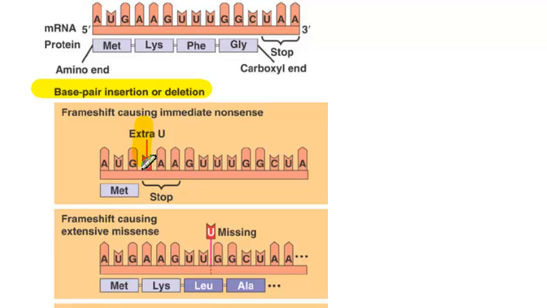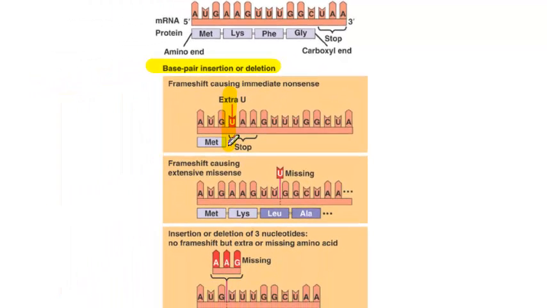So in this first one, they've added in an extra U, which in the DNA would have been an extra A. And when that happens, it created a stop where it shouldn't have been. So it created a nonsense mutation by adding in an extra base.